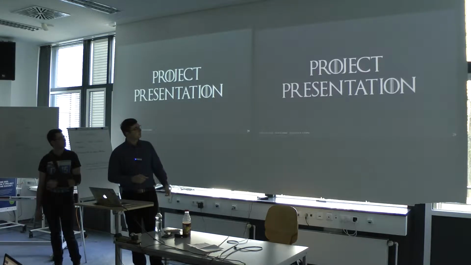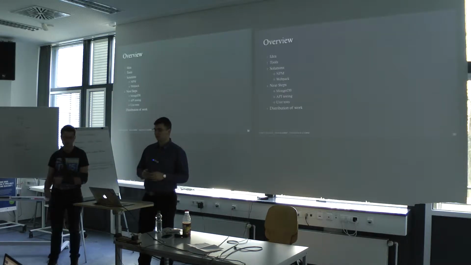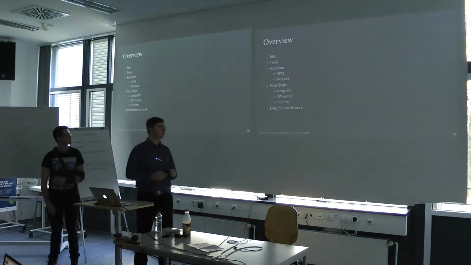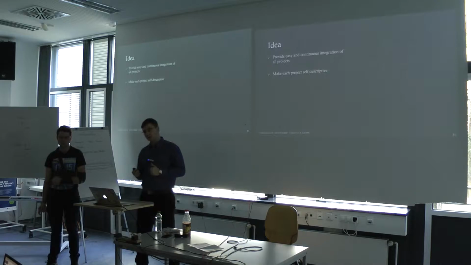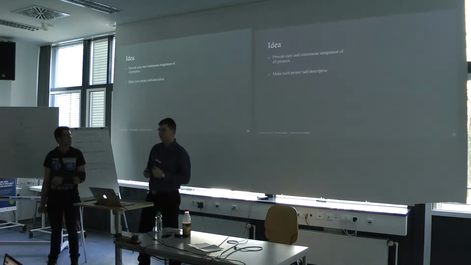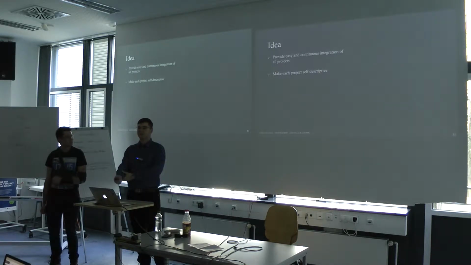Okay, so I continue with the project presentation. The overview: let's start with the idea. The idea of our project is to provide easy, continuous and automated integration of all projects.